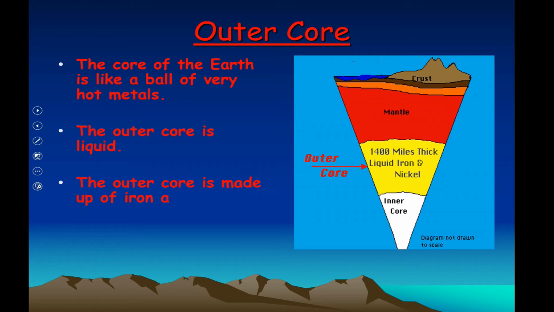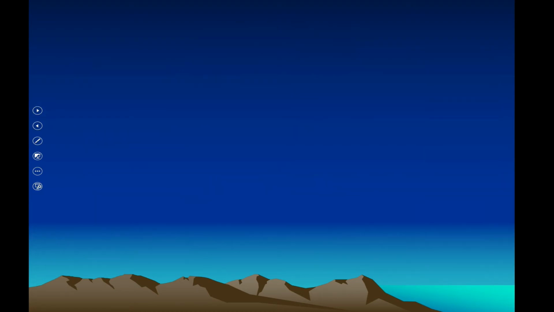So the outer core is made up of iron and nickel, and it can be very hot, about 4,400 to 5,000 degrees Celsius. If we compare it with water which boils at 100 degrees Celsius, we cannot touch it. Even 4,000 or 5,000 degrees Celsius is too much for a human to resist.